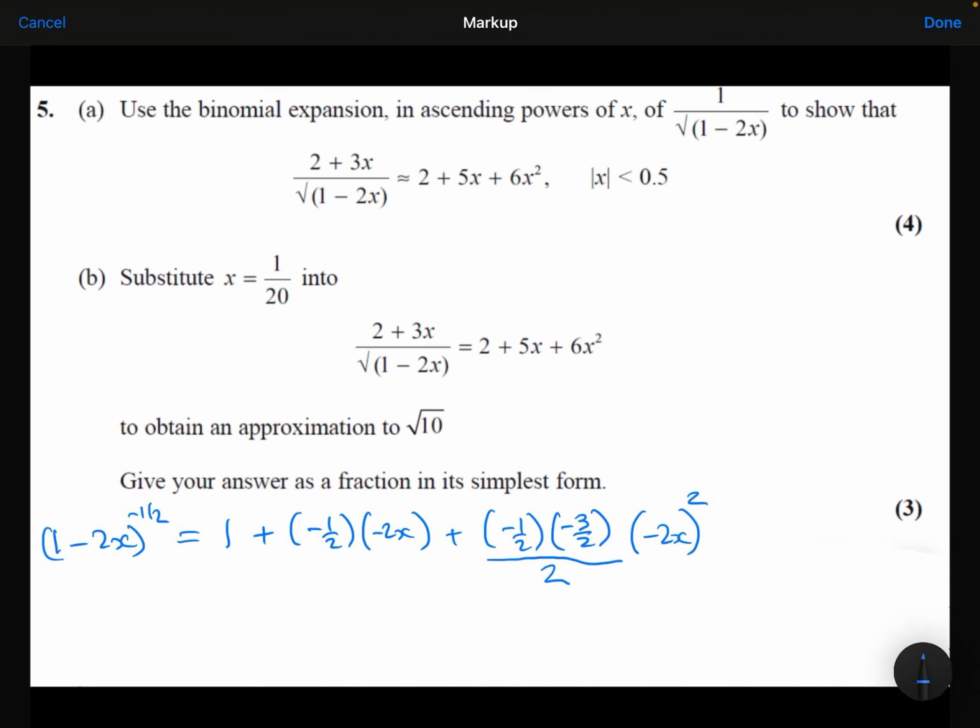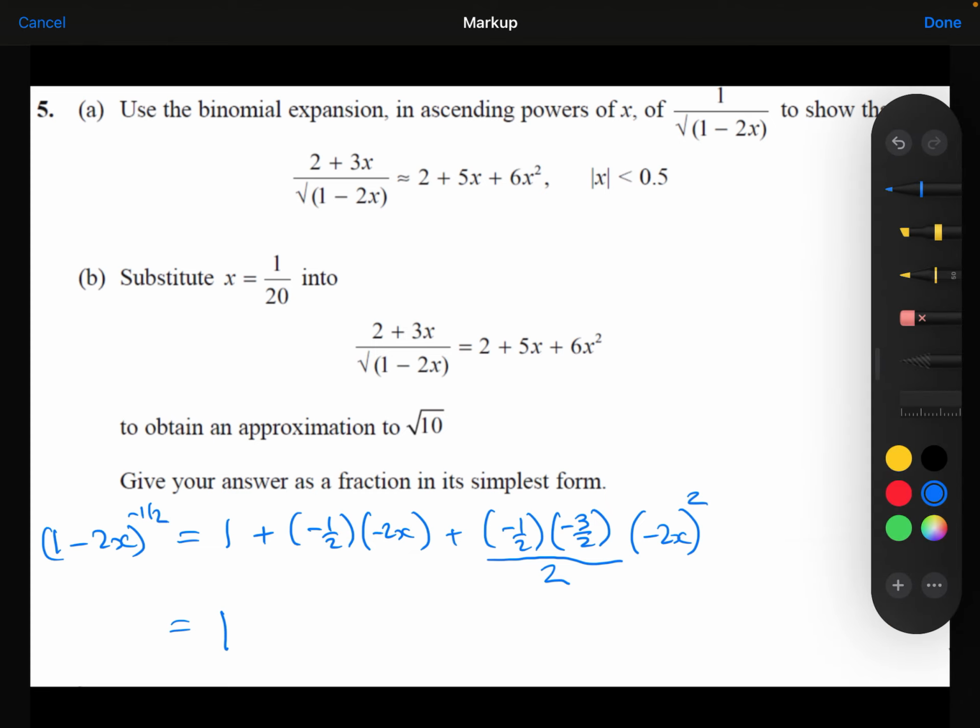But I am going to simplify this. The 1 can't get any simpler than that. We've then got the minus a half times minus 2x, so that's just going to be plus x. We've then got the minus a half times the minus 3 over 2. The two negatives give me a positive, the 1 times the 3 is 3, the 2 times the 2 is 4, so 3 over 4.